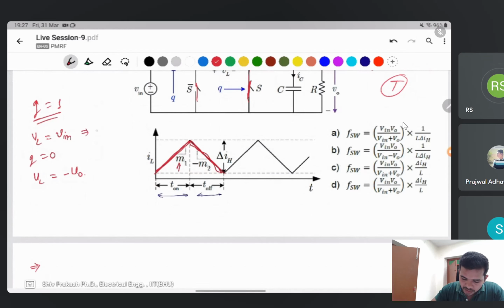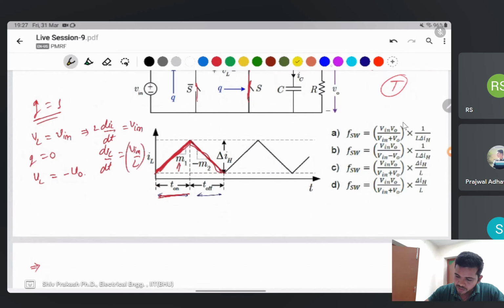If you know about this, L dIL by dt is equal to V in. Then dIL by dt is the slope of the inductor current. When the switch is on, the slope is M1. M1 is V in divided by L. This is the slope of the on-time inductor current.